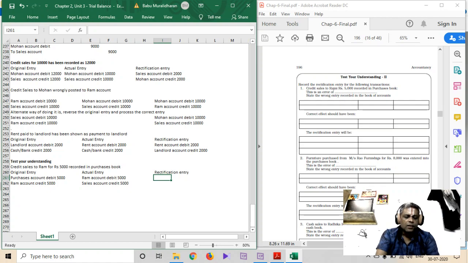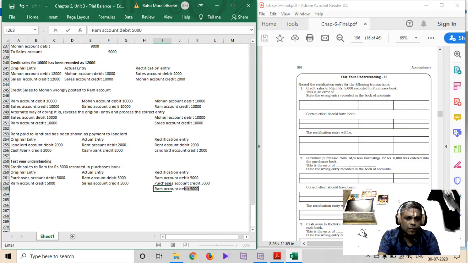So we are going to do Ram account debit 5,000 and purchases account credit 5,000. Then Ram account debit 5,000 and sales account credit 5,000.